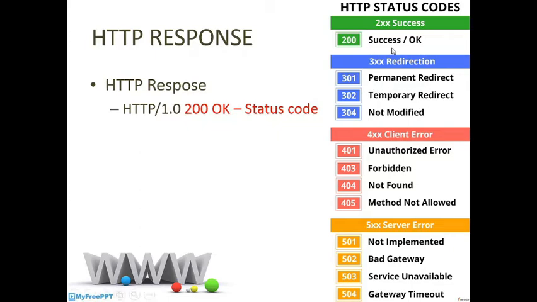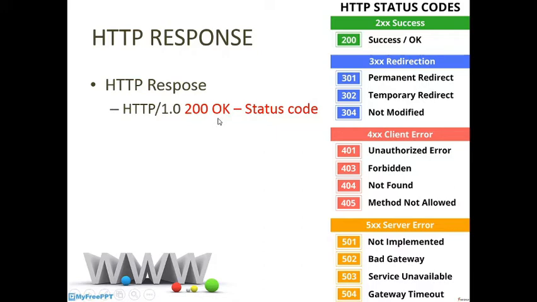Here we can see that the 200 status code is used for success or OK. Whenever the desired page is retrieved successfully, it will return the status code 200. Now suppose the page is not found, then it will return the status code 404. In this way, it will return the status code.